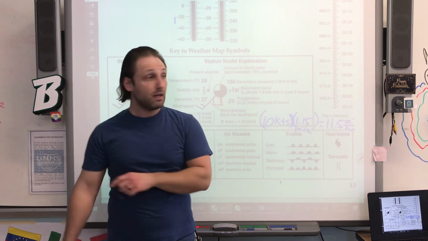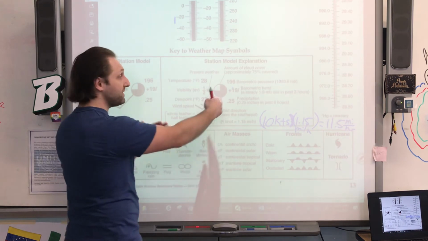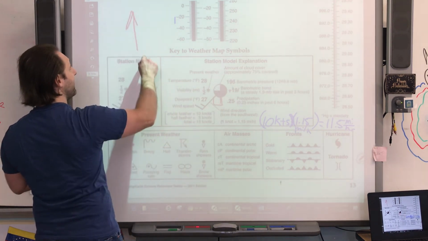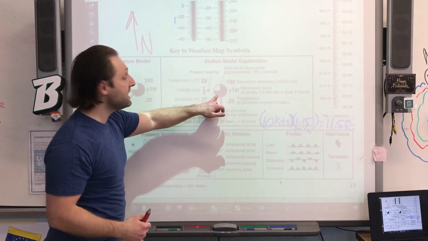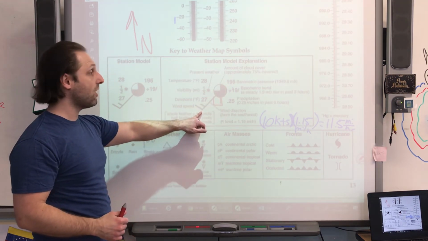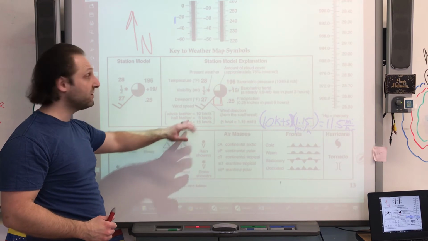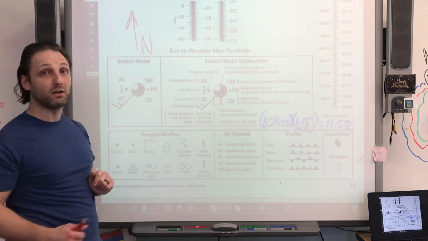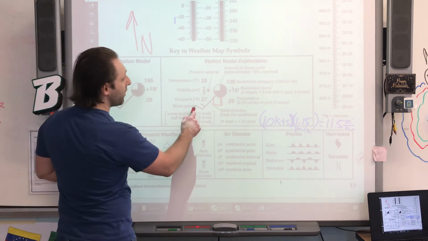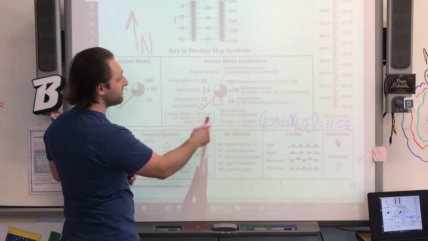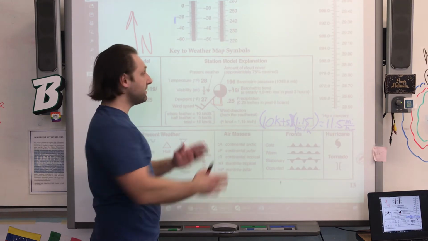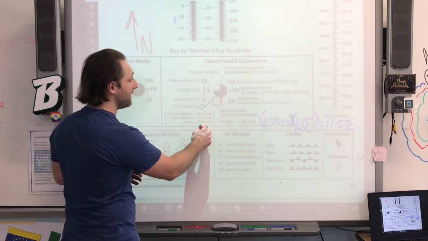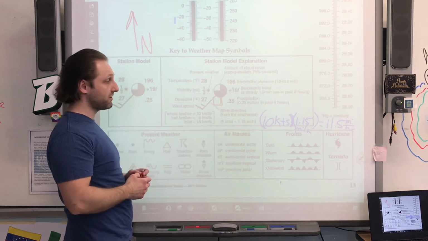Meaning that if we had a north-facing compass like this, the wind is coming from the southwest. In this picture, the assumption is that north is here. A whole feather is 10 knots. Half feathers are 5 knots. So the way we state this is that we have 15 knots from the southwest.